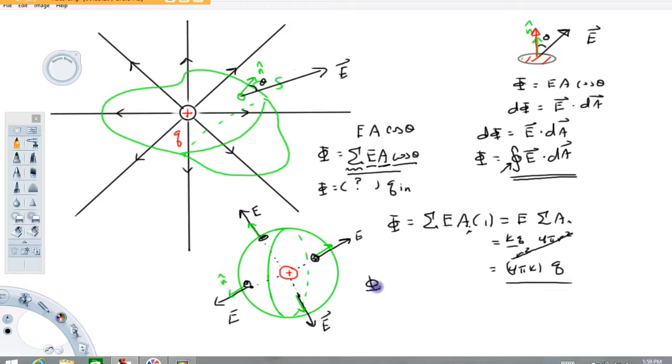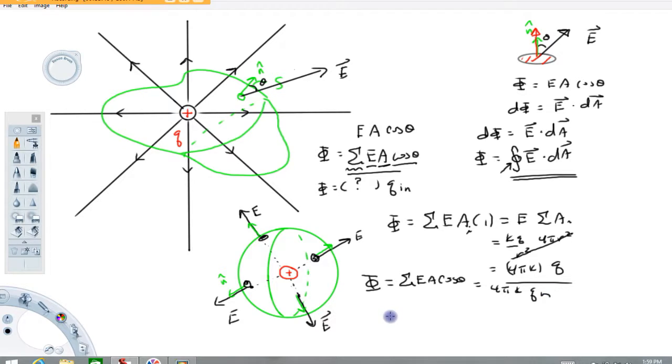The total electric flux through any closed surface, which is equal to the sum of all the EA cosine theta terms, and you've got to imagine that sum happening over the entire surface, is equal to this expression, 4 pi k times the charge inside the surface.